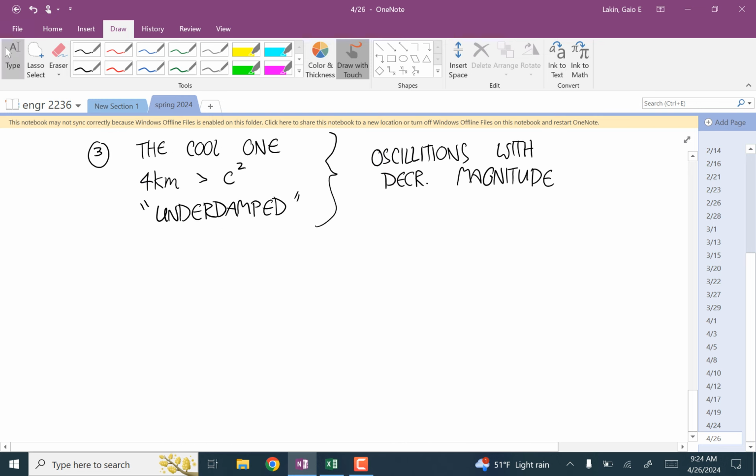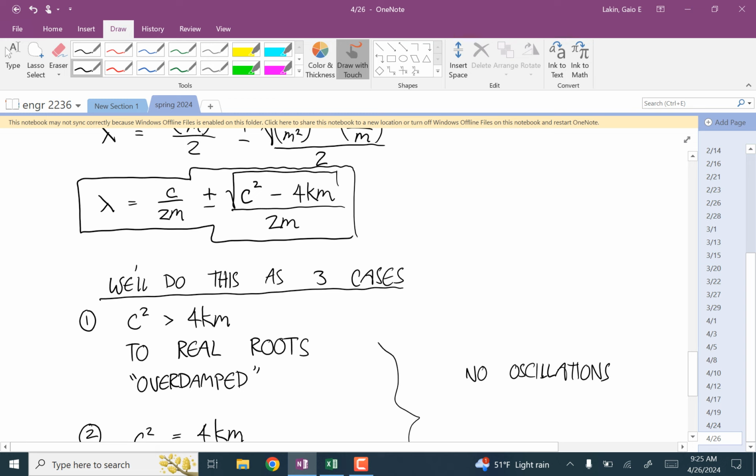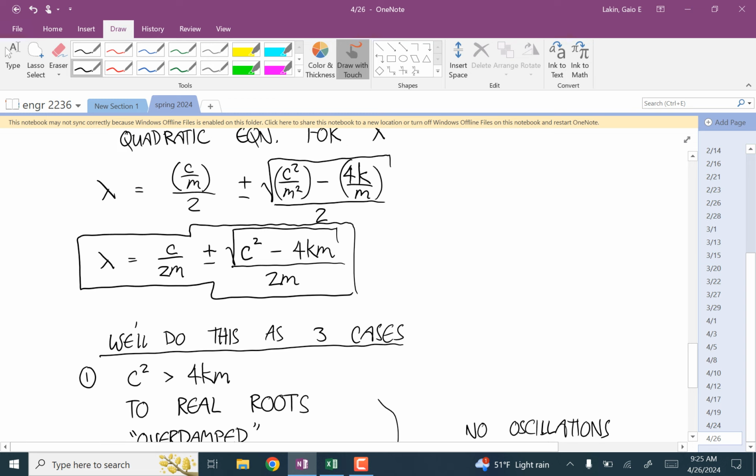Okay, so let's start with the overdamped case. So if you look back at the roots, this should be, I left off the negative, like a stupid idiot. Okay, change that in your notes.